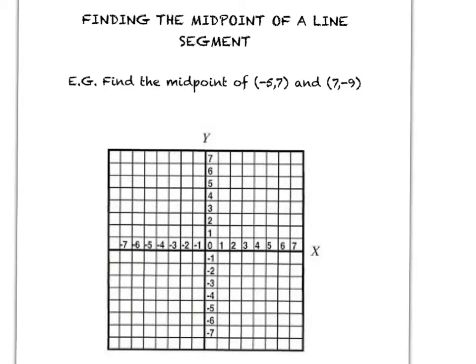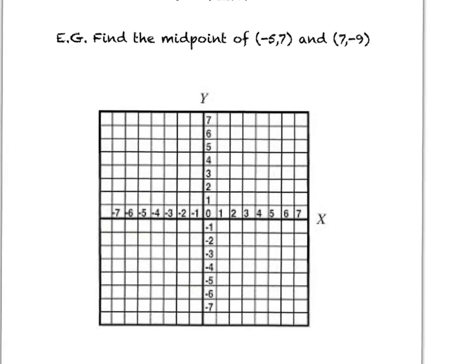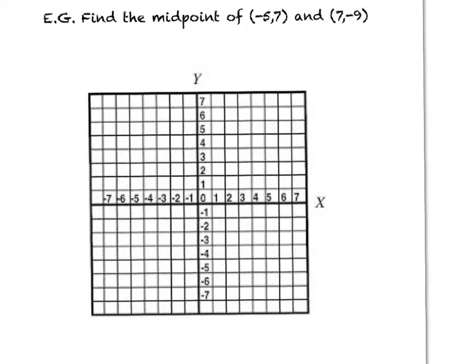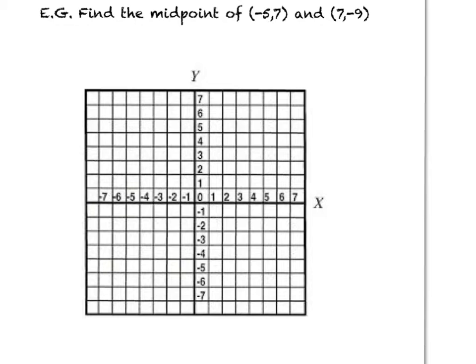Okay, let's draw these points in to our graph here. -5 and 7 gives us a point right about there. Actually, let me just make that a bit bigger, and I think we'll go for a different colour.